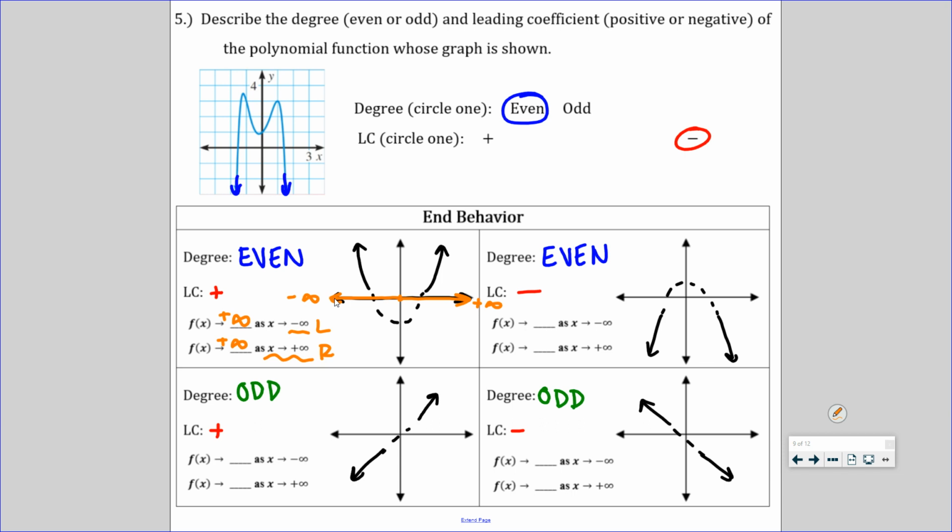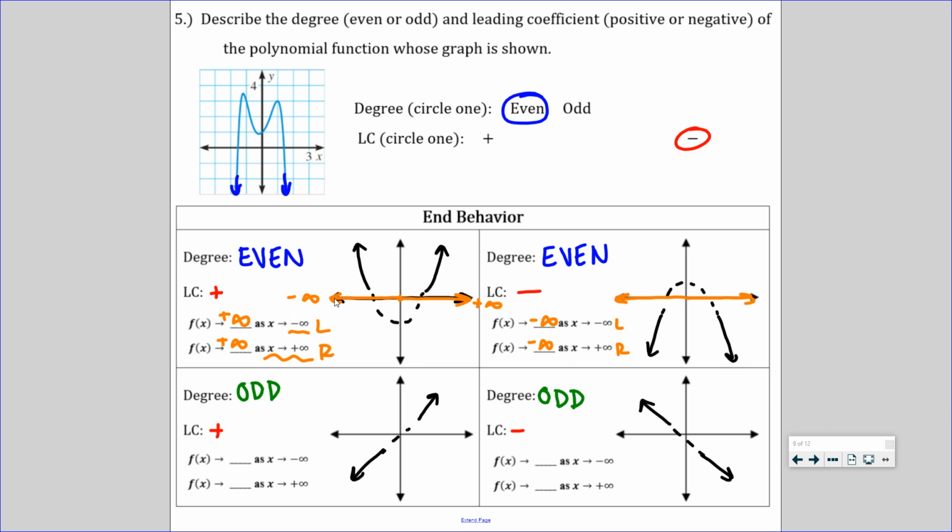What are your outputs? What is your graph going up to in both directions? So in this case, as x approaches negative infinity, my left end behavior here is going down towards negative infinity. And as x approaches positive infinity off to the right here, my end behavior is still negative infinity.